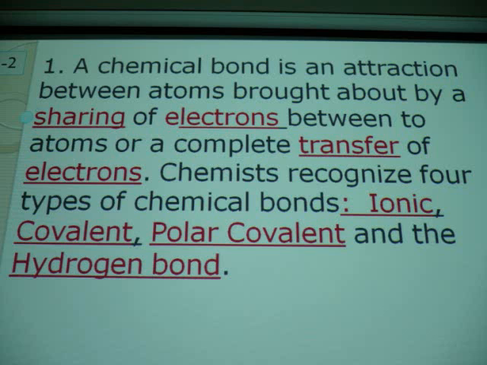And you see where it says the bonds can be formed by sharing of electrons, that's one way, or a transfer, that's the other way. If you share, what's it mean to cooperate? Work together, right? Do you remember, what name do you give to the electrons in the last ring? There's a word for it, it's a V word.